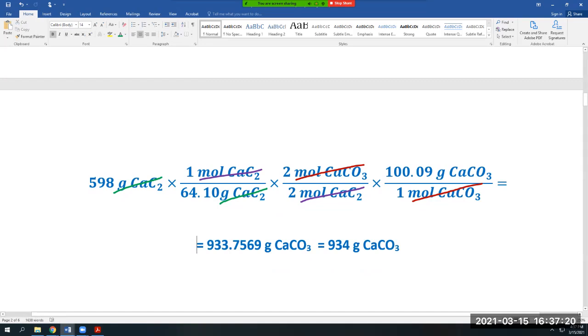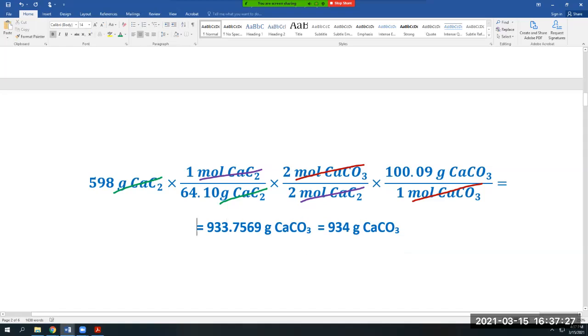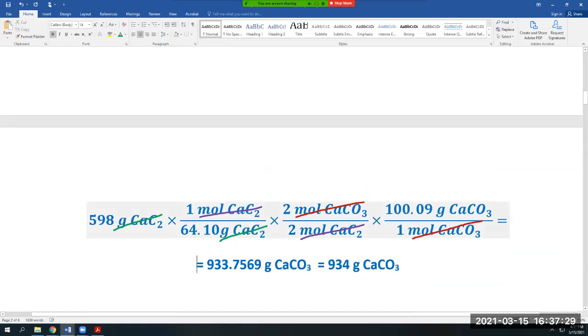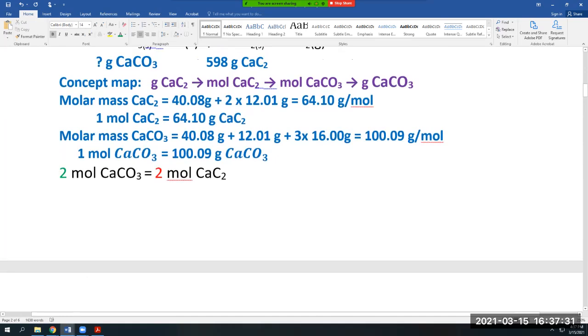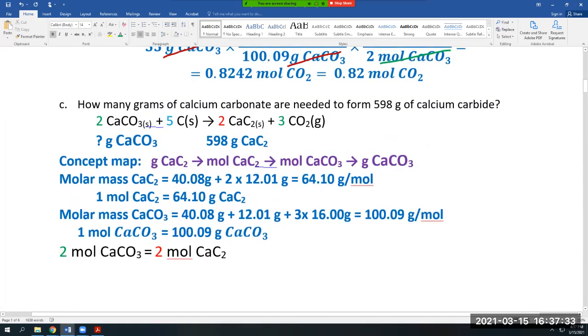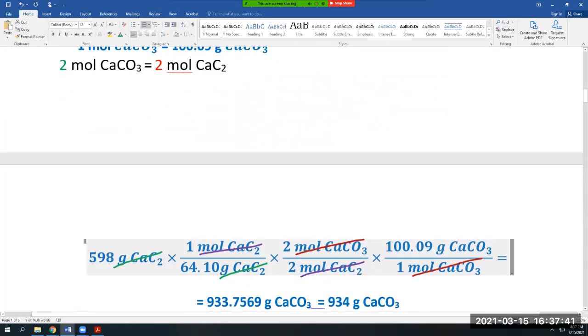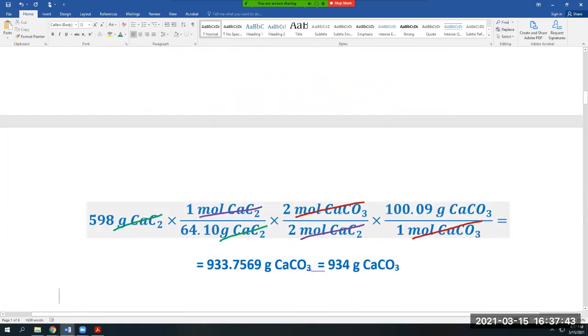Okay, so that's the final answer for this question. And that's the mass of calcium carbonate that is needed to form 598 grams of calcium carbide. So that's an example of a full stoichiometry calculation where we go from grams to moles to grams of another substance.